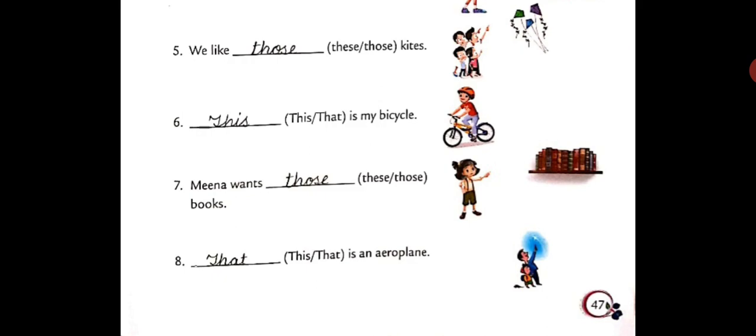The last is, dash is an aeroplane. Children, see in picture, they are pointing towards the aeroplane, flying high in the sky. So, aeroplane is one and it is far away. So, write that in the eighth blank.